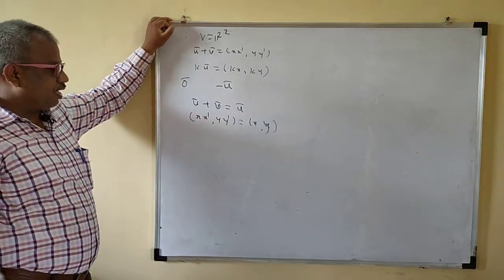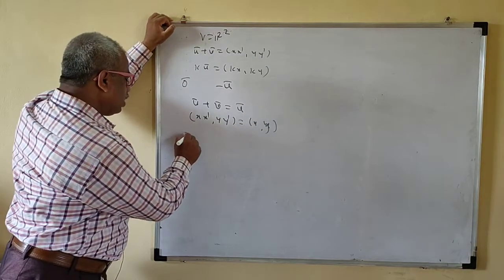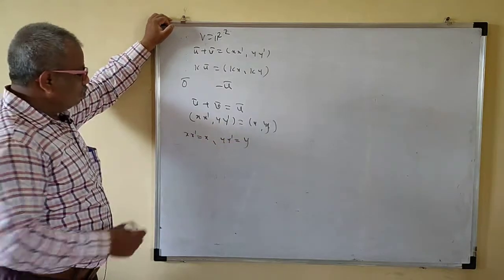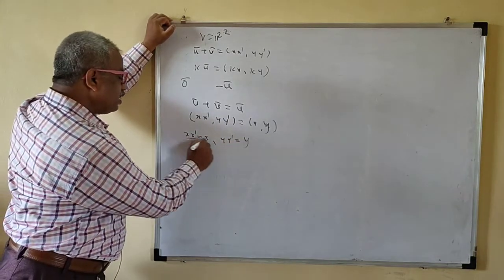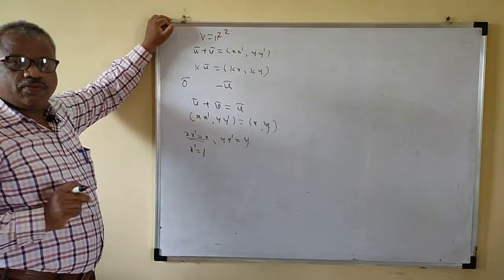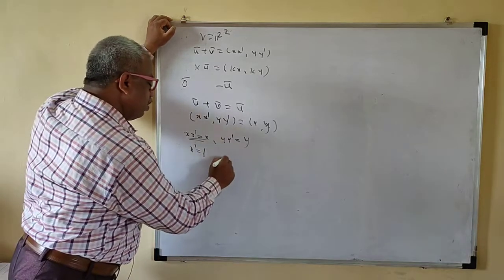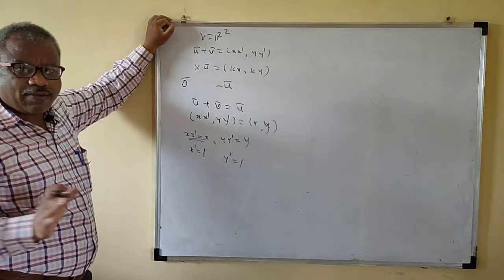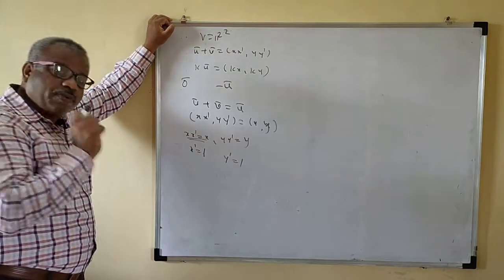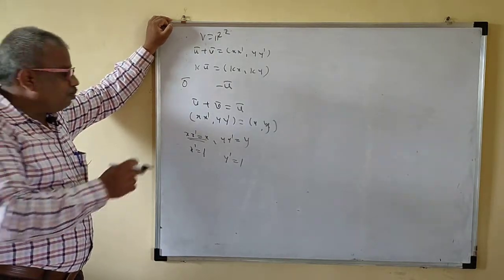Your u bar is x y. So that means x prime is equal to x, y prime is equal to y. When x prime is equal to 1, and when y prime is equal to 1, don't cancel y.